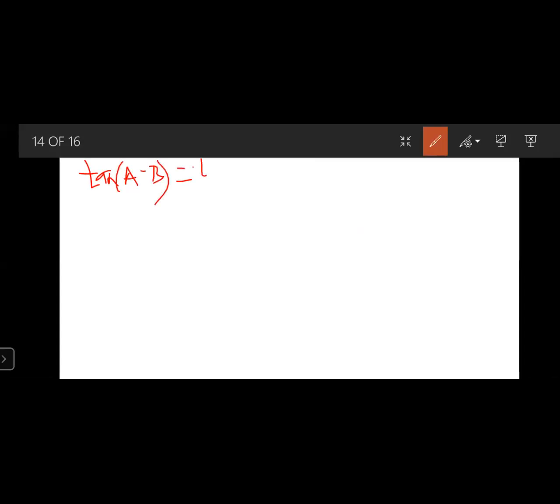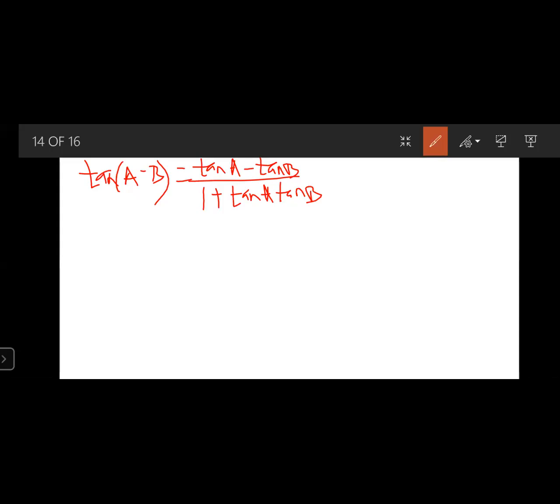It will give us tan A minus tan B over 1 plus tan A tan B. If it is tan A plus B that you want to find, anywhere you see minus, change it to plus, and anywhere you see plus, change it to minus. So tan A plus B will be tan A plus tan B over 1 minus tan A tan B.